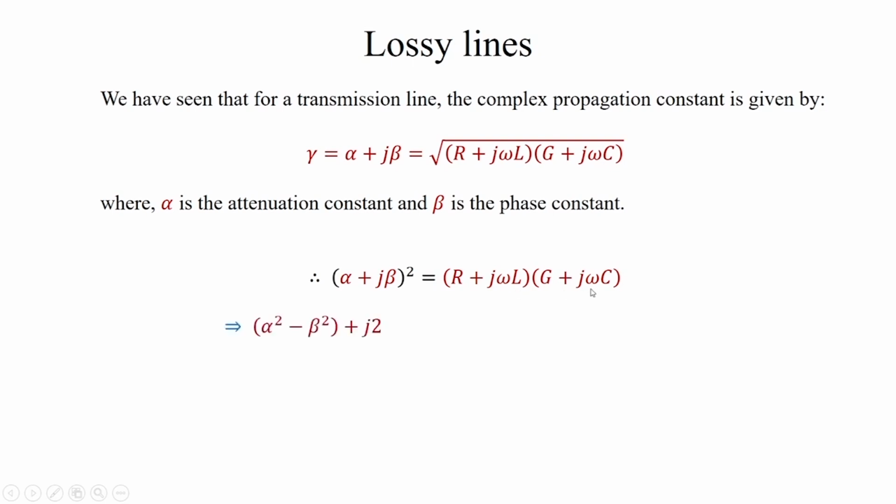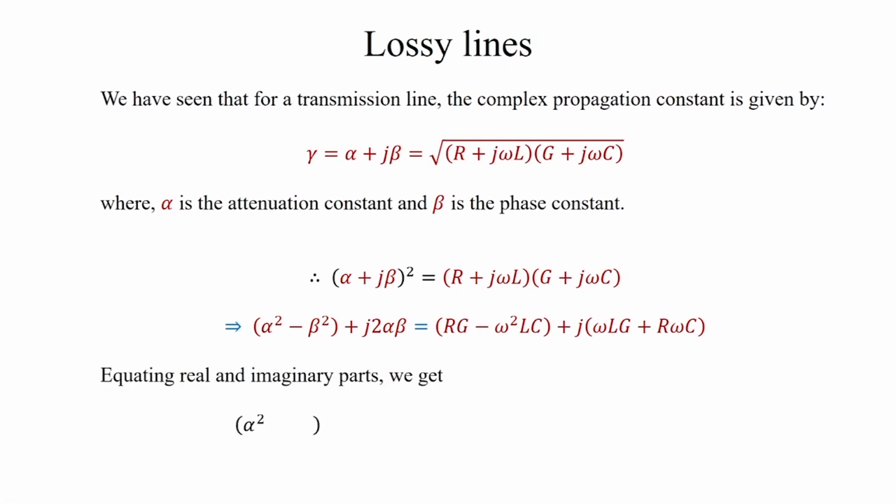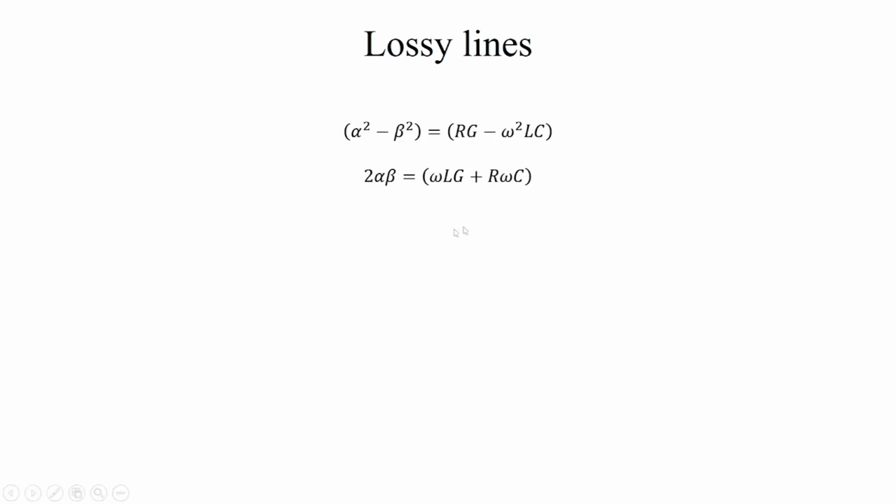Now, if we expand these and write both the left and right hand sides in the form of real and imaginary parts, and then equate these real and imaginary parts, we get alpha squared minus beta squared is equal to R G minus omega squared L C, and 2 alpha beta is equal to omega L G plus R omega C. So, this is the real and imaginary part separated.